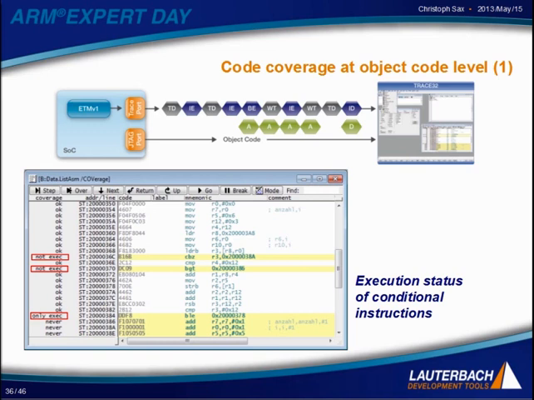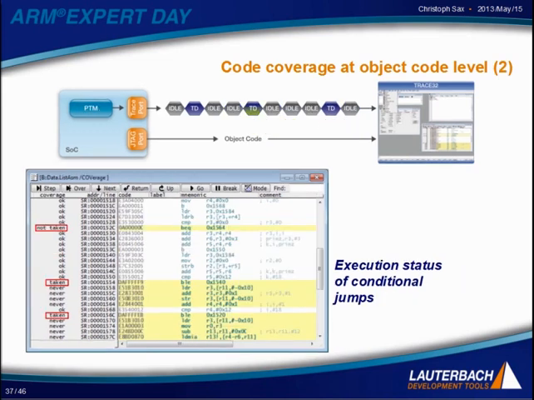OK means it has been fully covered. We have these 2 flags, not executed and only executed, because we are dealing with an ETMV1, and we have access to the execution status of all conditional instructions. Only executed means the conditional requirement has been evaluated only true, and not executed means the opposite.